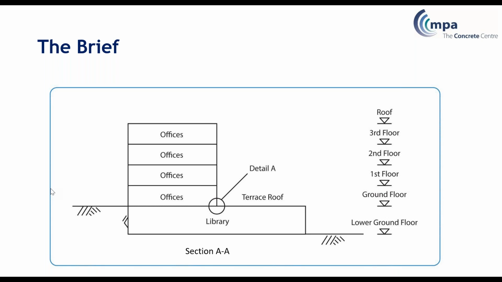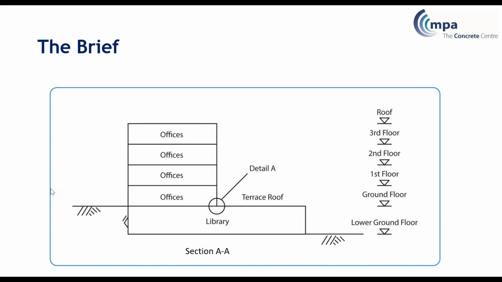So the lower ground floor is a library, and then we've got 4 levels of offices above. We haven't said anything about the column grid, so choose a reasonable column grid. Think about offices, think about libraries, think about where you've been in offices and libraries.